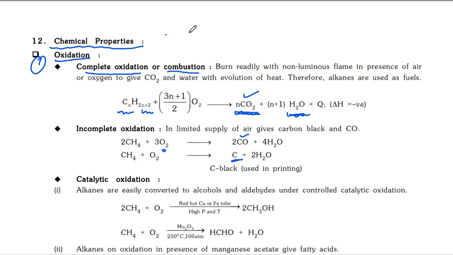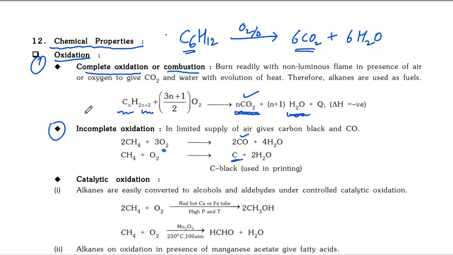Suppose I am writing C6H12, then in the presence of oxygen, by burning, it gives 6CO2 plus 6H2O. Whatever number of carbons, that many carbon dioxide molecules. Half the number of hydrogens gives water molecules, because each water molecule requires 2 hydrogens.